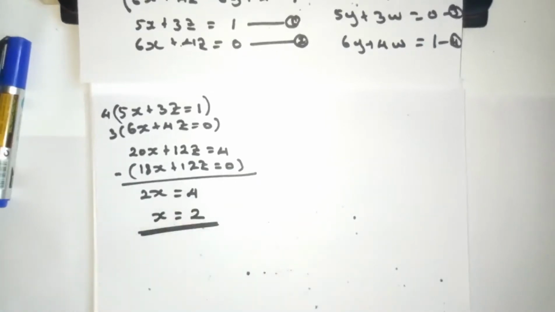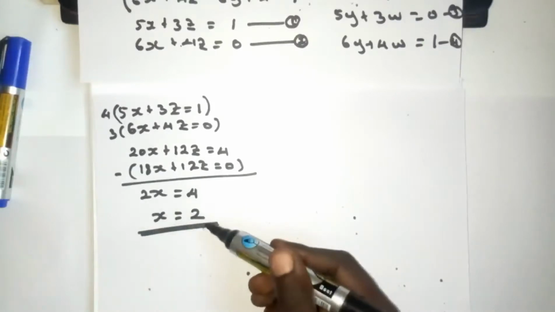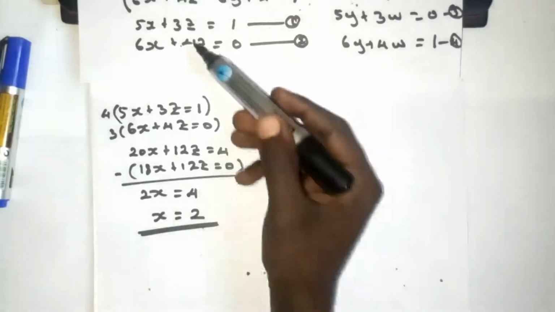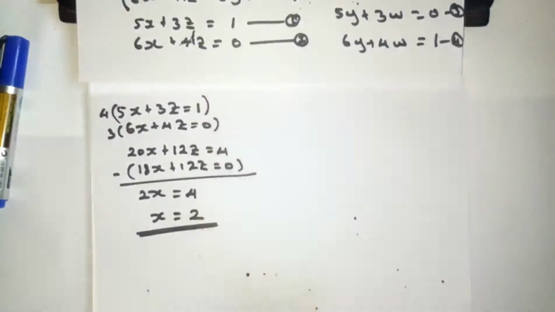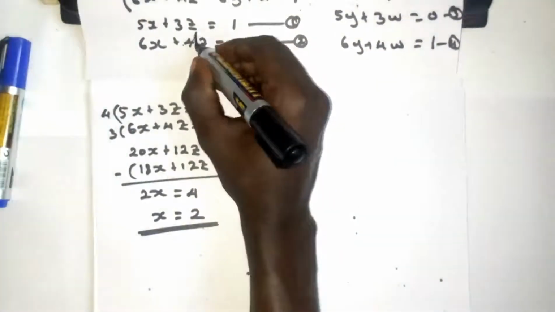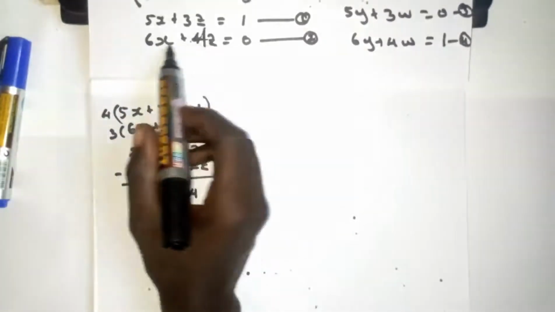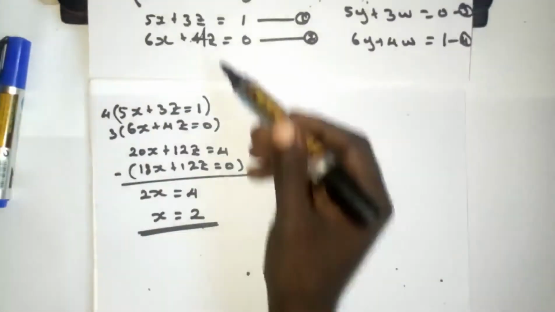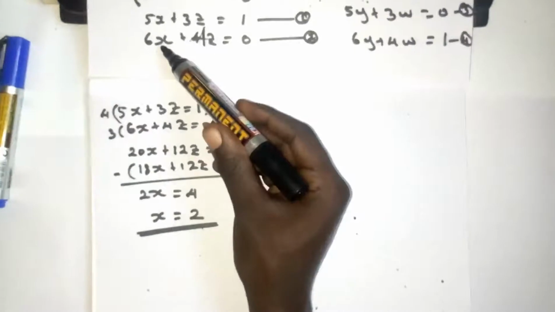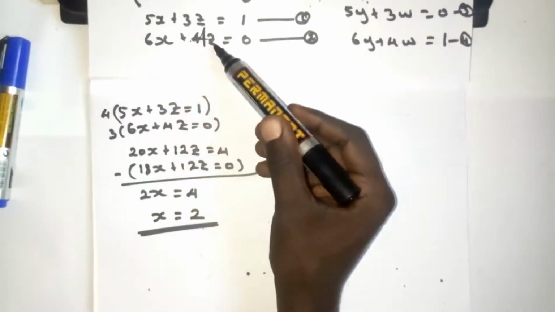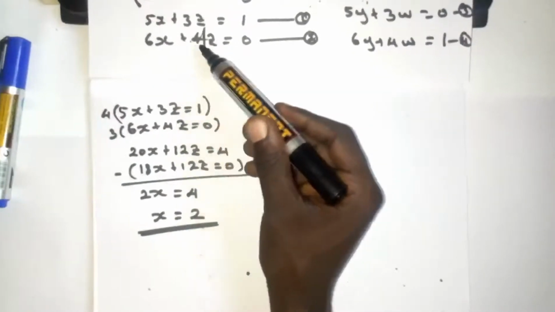Then from there I can substitute back this 2 in any of the equations I have there. If I decide to substitute it here, if I substitute x here, I'm going to have 12. Okay, this is 4z, so 12 plus 4z is equal to 0.